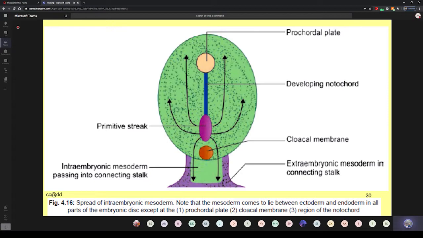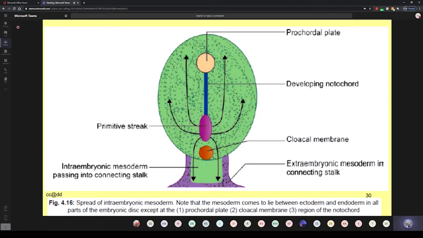Okay. Now these pictures that are put up here are showing the same thing which I discussed now. Again, you can see from the primitive streak, cells are migrating, more of it towards the cranial region, less of it towards the caudal region, and you can see that the cells are reaching all across the embryonic disc, both cranial, caudal, lateral, except in two regions, namely the procaudal plate and the cloacal membrane.